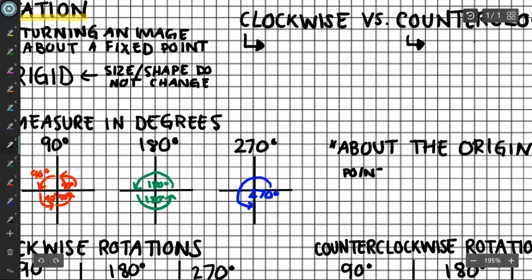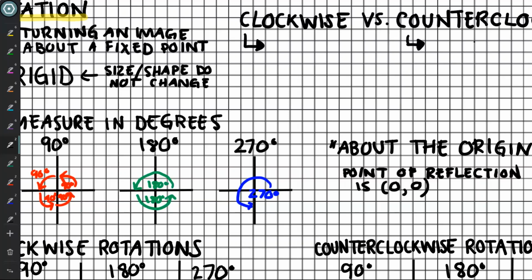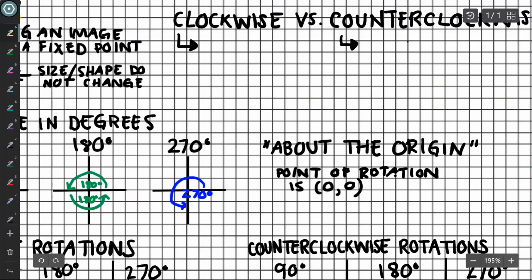So point of rotation is 0, 0. You can do rotations about other points, but then you have to draw new axes, and we're not focusing on that. So all of our rotations for this class are going to be about the origin.